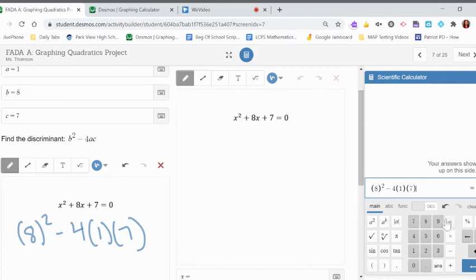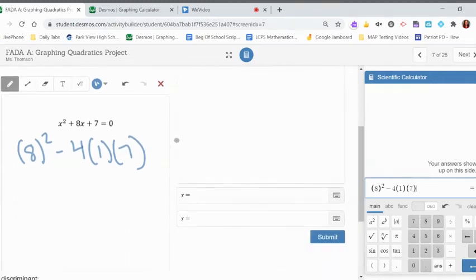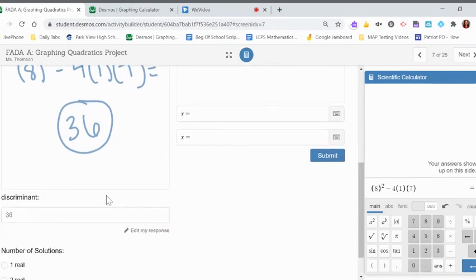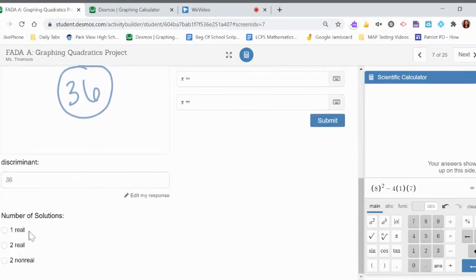And I get 36. That's your discriminant. So I'm going to fill that in the box here. Submit. And my number of solutions. I would have one real solution if this was 0, but it's not. I have 2 real because it's positive. 2 non-real would be if it was negative.